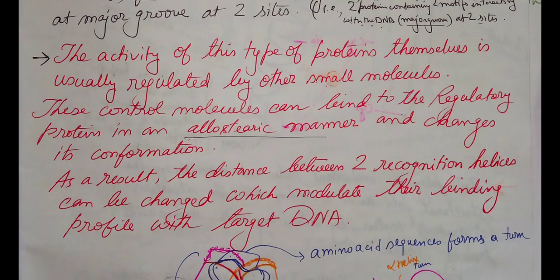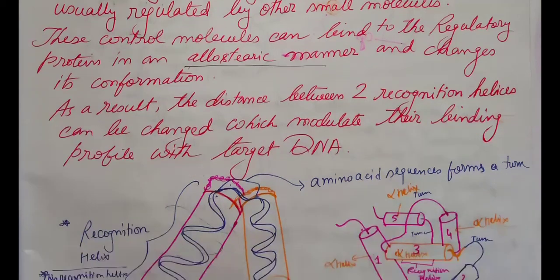These control molecules bind in an allosteric manner and change the conformation. As a result, the distance between two recognition helices can be changed, which modulates their binding profile with the target DNA. So this was about the helix turn helix motif.